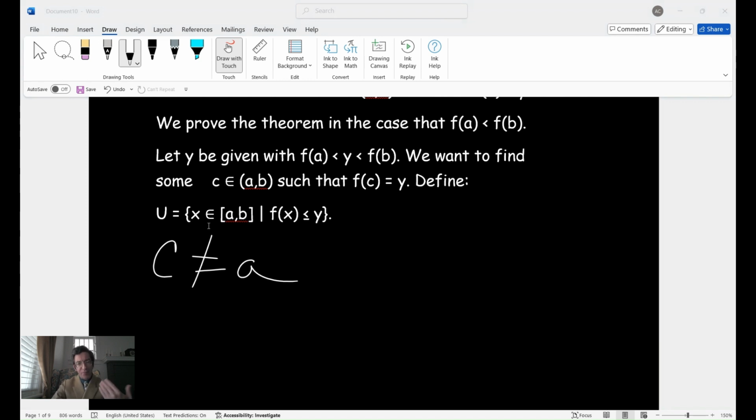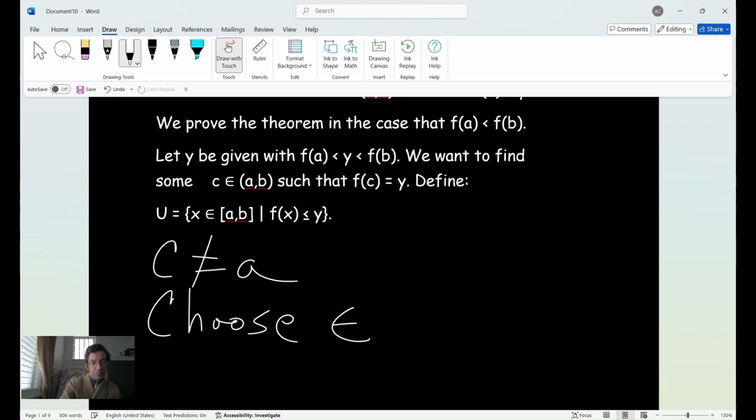So in this case, we have to choose an epsilon that is greater than 0 for this claim.